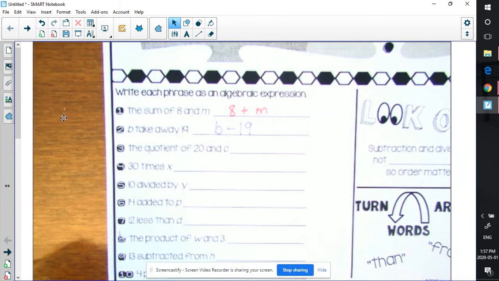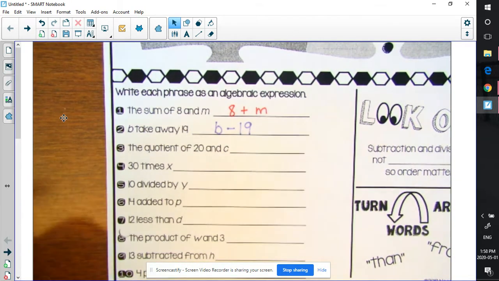The next example says the quotient of 20 and C. So remember, quotient means divide.